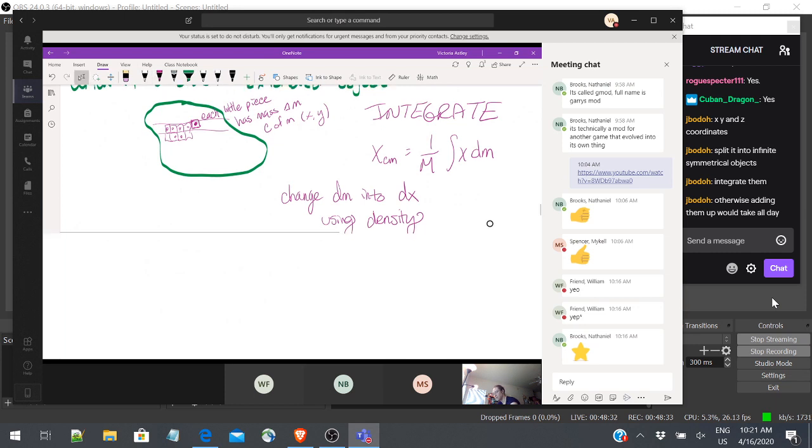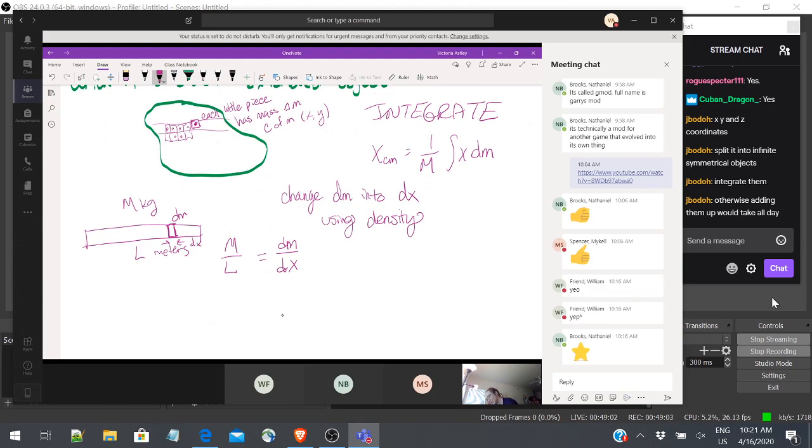So, for example, if you have a rod that is m kilograms and it is L meters long, you would have a density of m over L kilograms per meter, which is the same as the mass in this little chunk divided by the length of this little chunk.